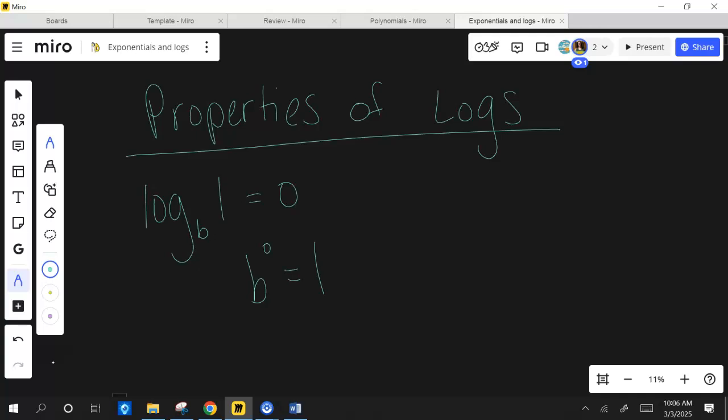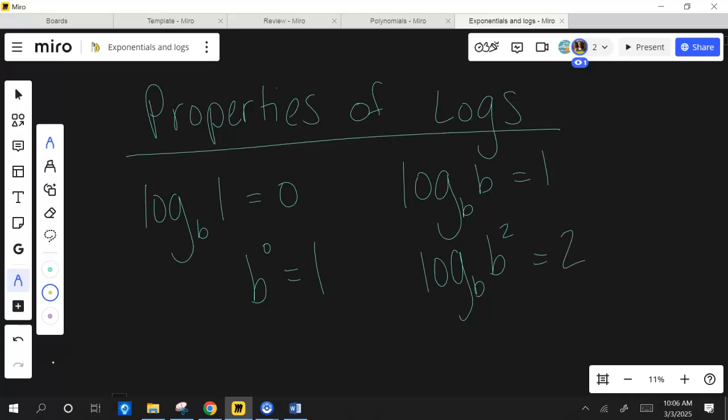And then the other property is if the base is the same here, this is going to equal 1. Now I want you to make a little note here, because if the bases are the same and then there's an exponent on this one, it's going to equal that exponent.